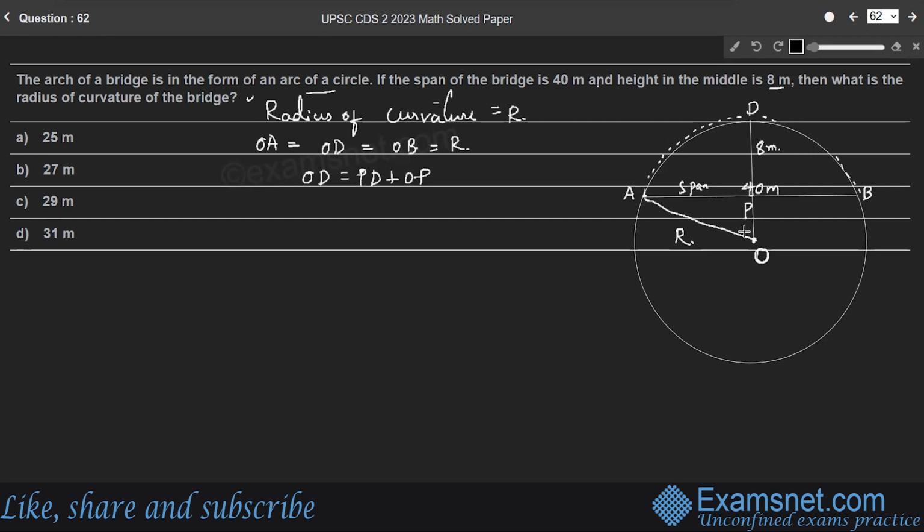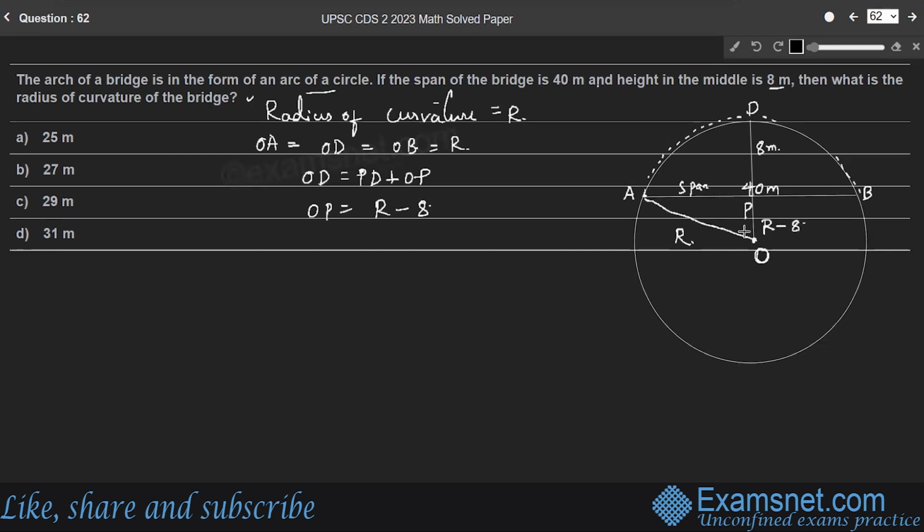Therefore, OP can be written as OD minus PD. OD is the radius of curvature R, minus PD, which is 8 meter. Therefore, this small distance OP is R minus 8.